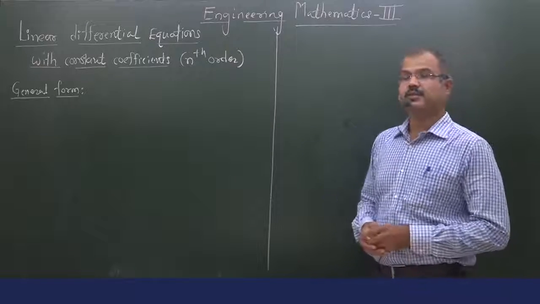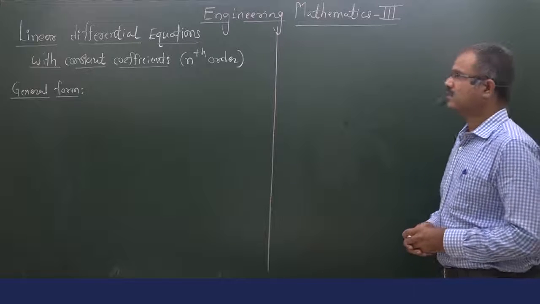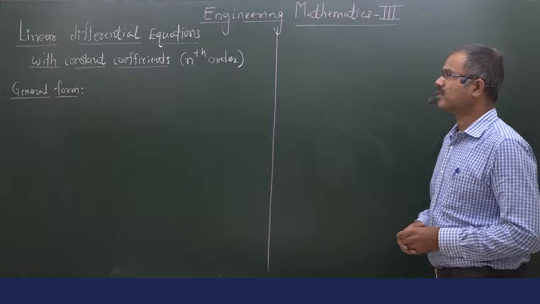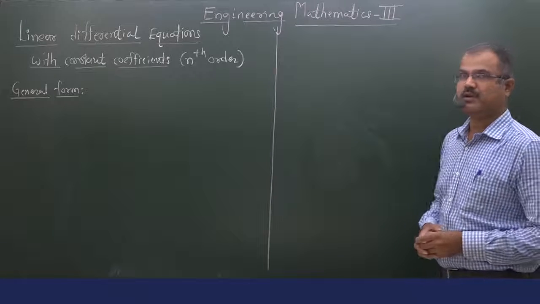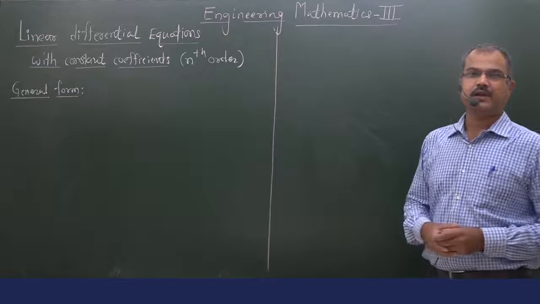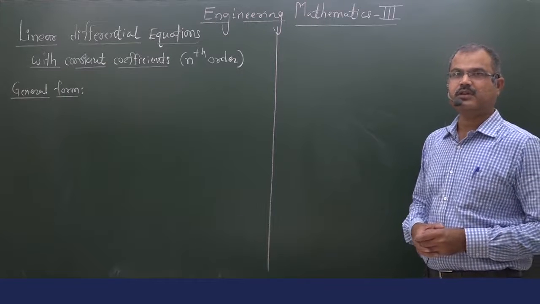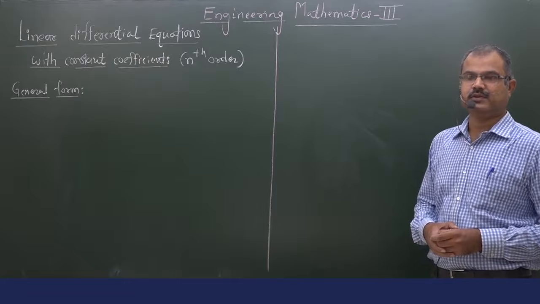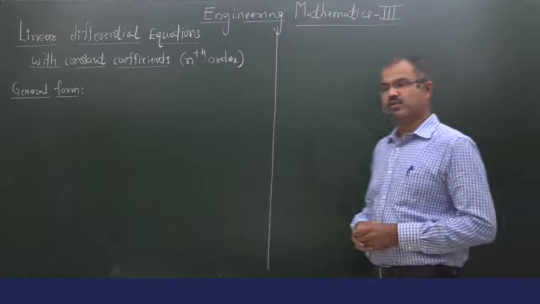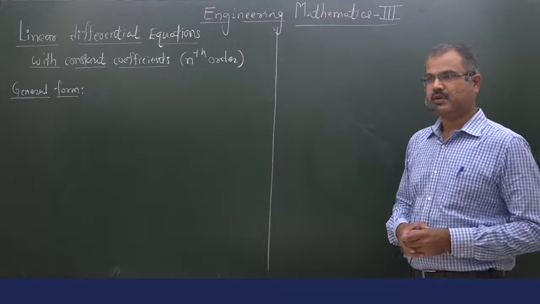In today's session, I would like to discuss linear differential equation with constant coefficient, which is unit number 1 from Engineering Mathematics 3. We have already studied first order, first degree differential equation, linear differential equation, and how to find solution of first order, first degree linear differential equation.